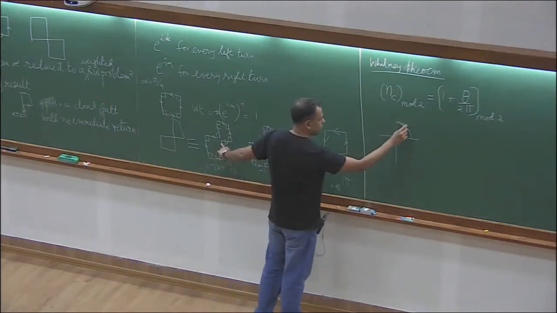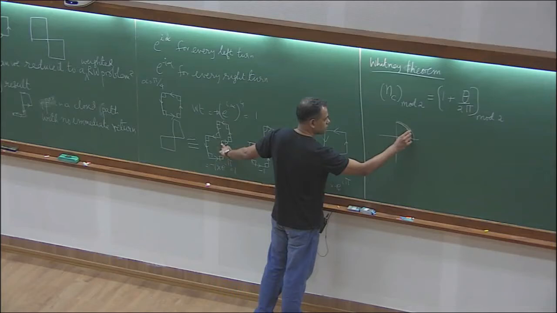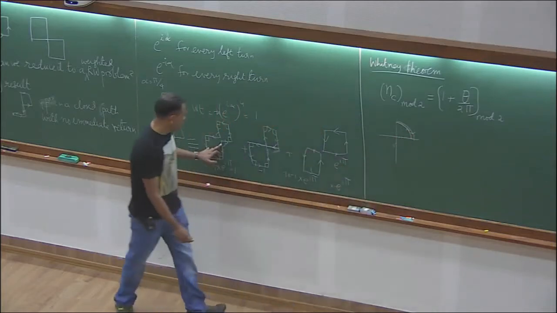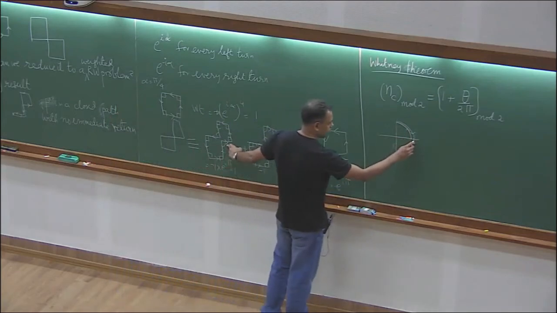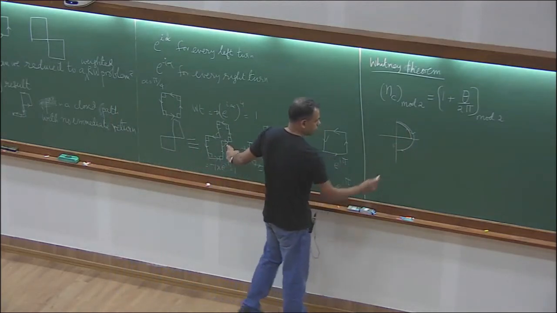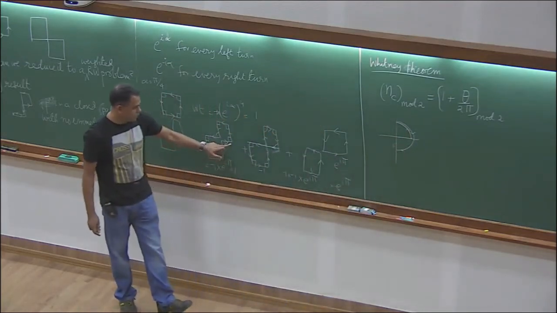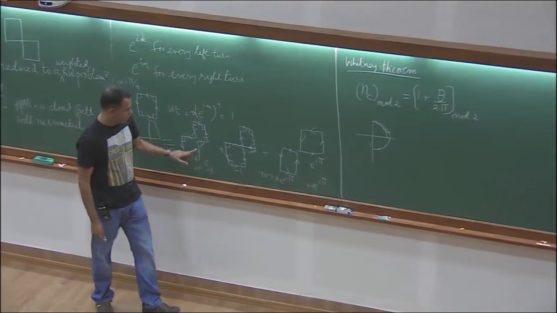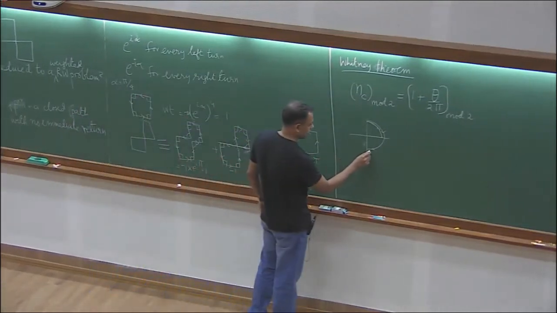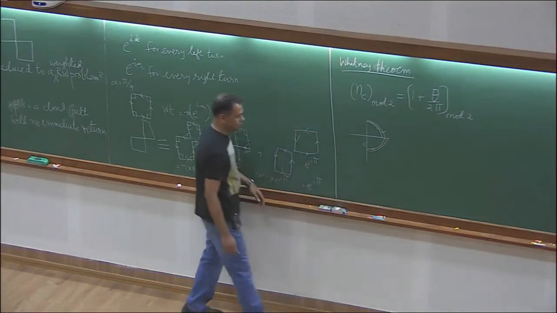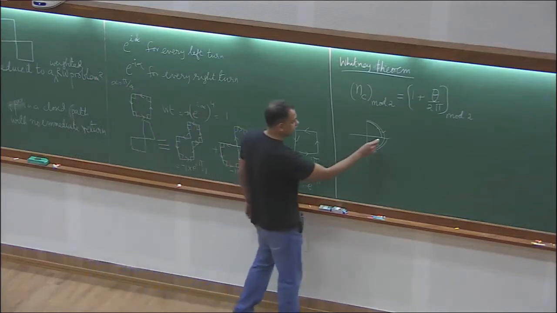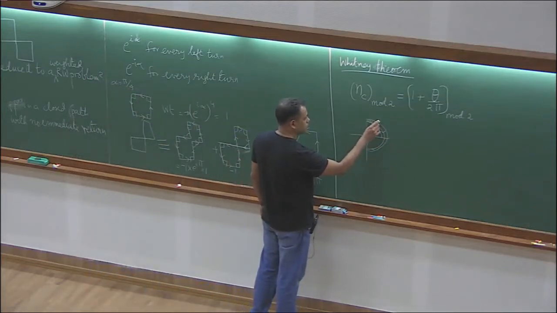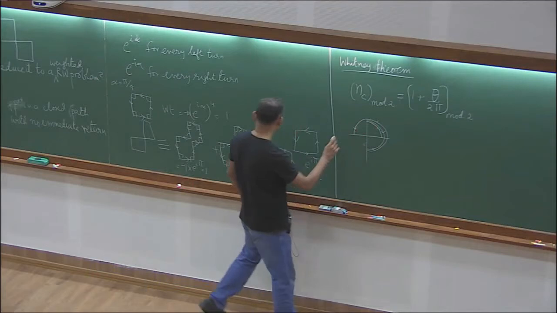Then it again turns right, then it turns left, then it turns left once more, and left once more. Two lefts, that corresponds to here and here.